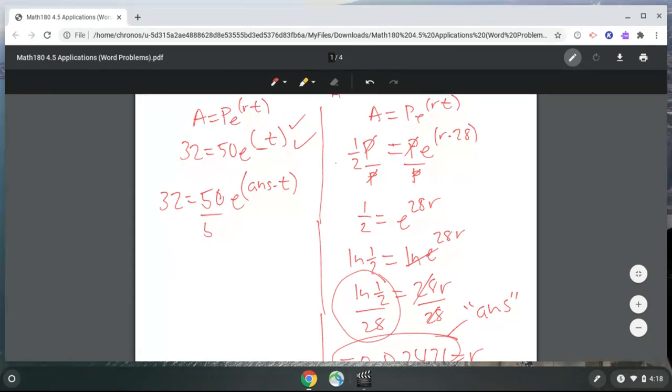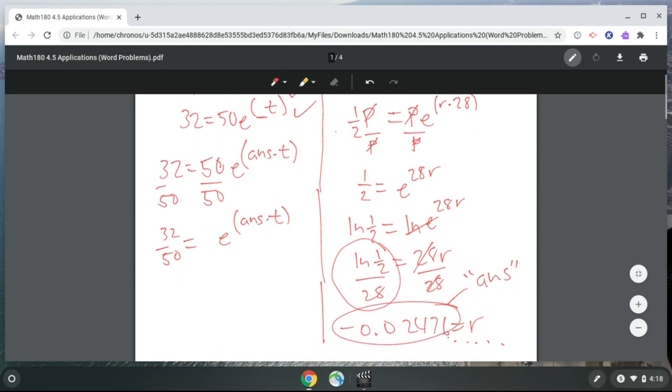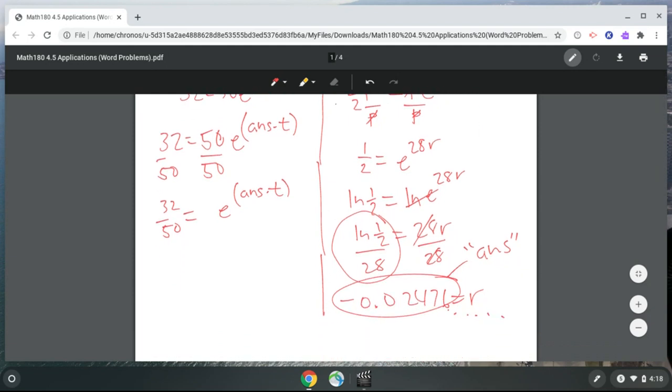So divide both sides by 50. 32 over 50 equals e to the answer times t. Okay, and now I have to solve for an exponent, so I'm going to take the log of both sides. So I'm going to take the log of this side and the log of this side.